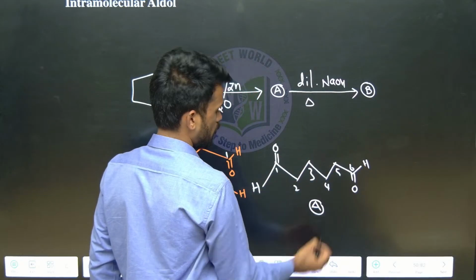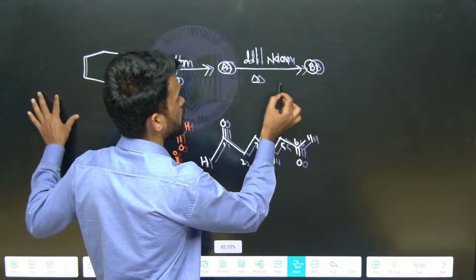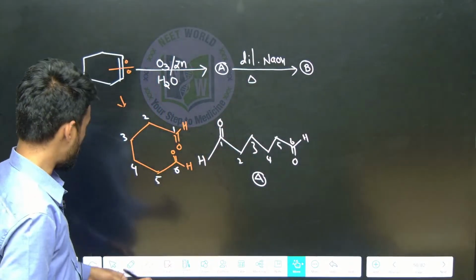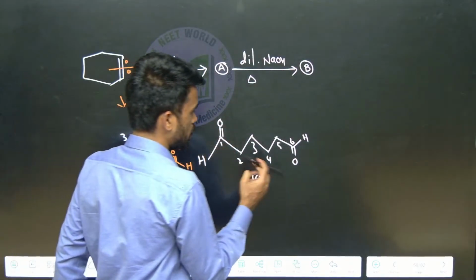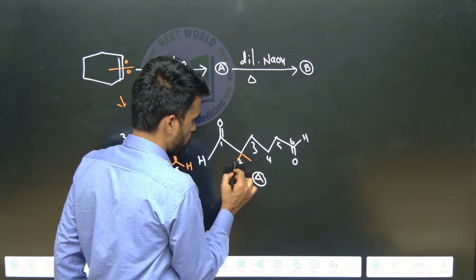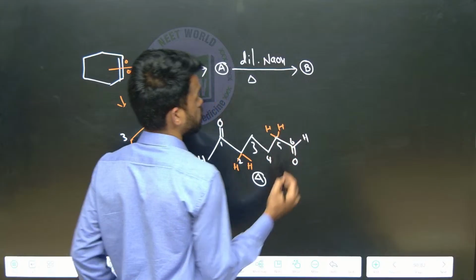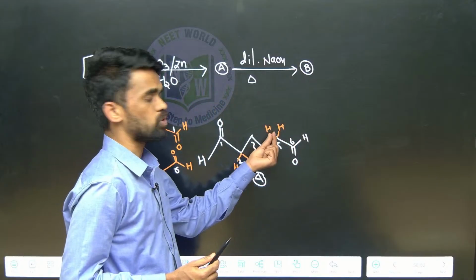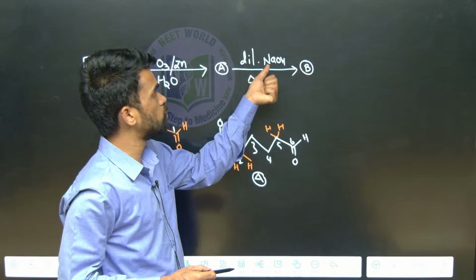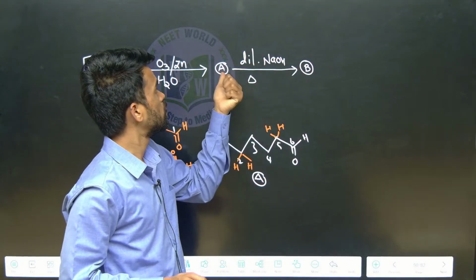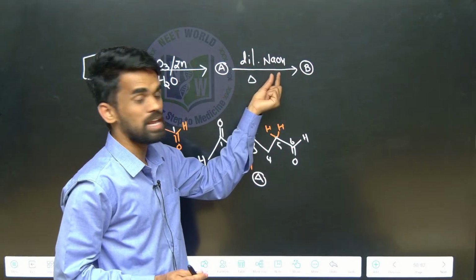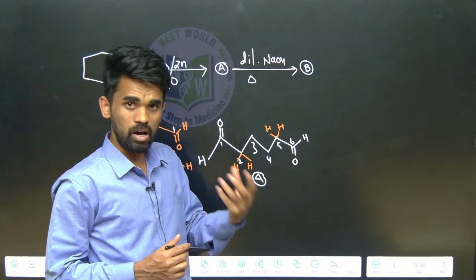So now A is treated with what? Dilute NaOH under heating condition. So what happens, tell me? At this alpha carbon we have alpha hydrogens, or at this one also we have alpha hydrogens. Any of these alpha hydrogens will be removed by this base, because we know carbonyl compound with dilute base undergoes aldol condensation.